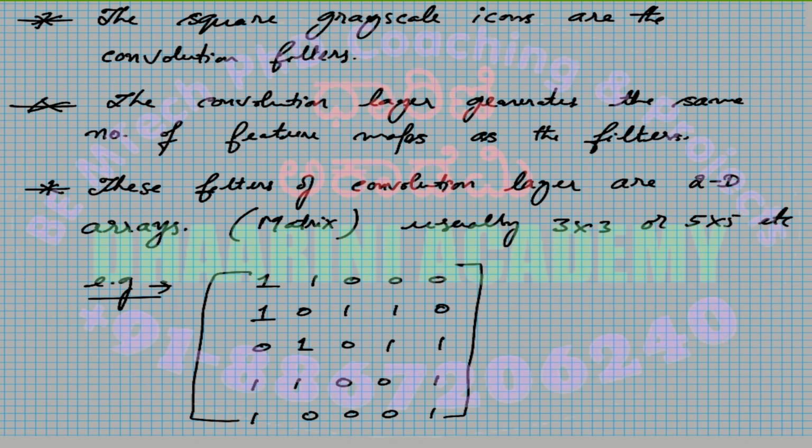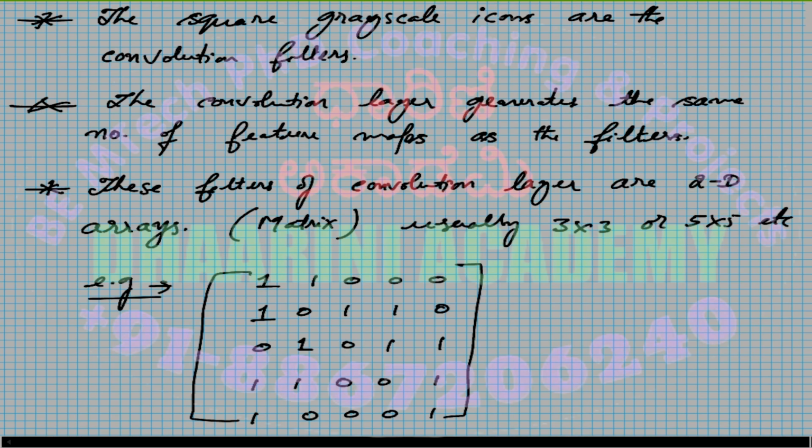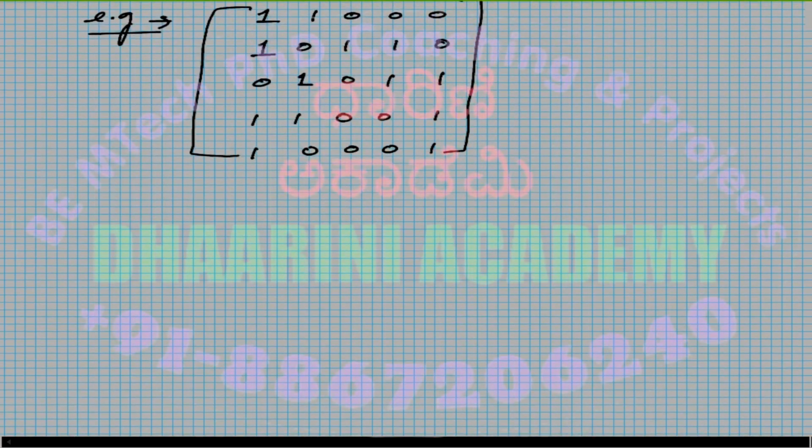Now, the values of the filter matrix are fundamentally determined by the training process itself. So let me write that point over here.